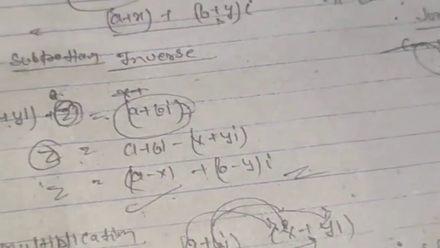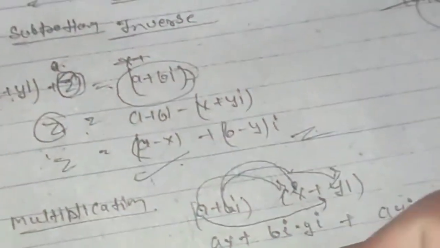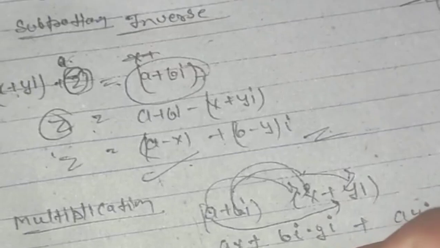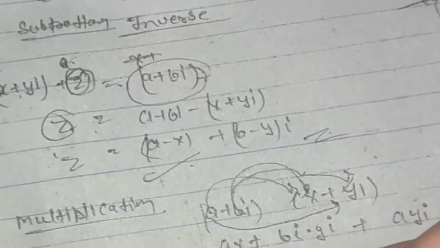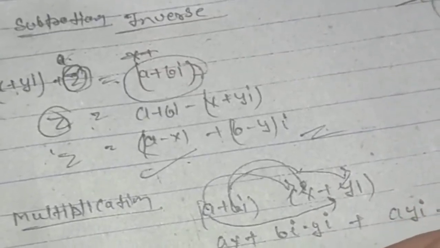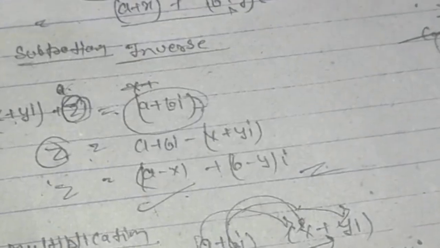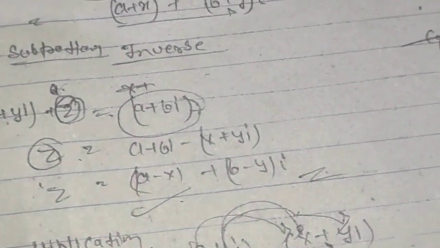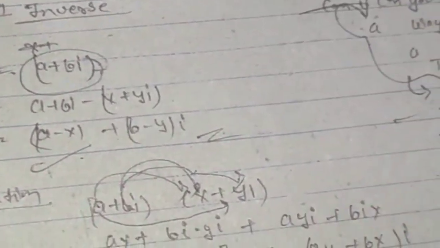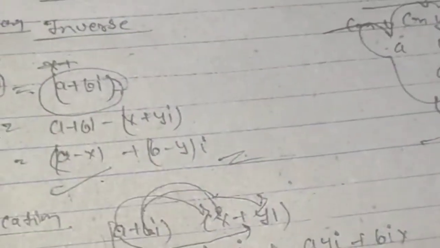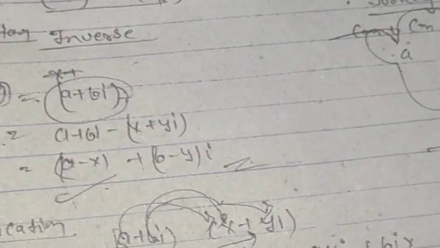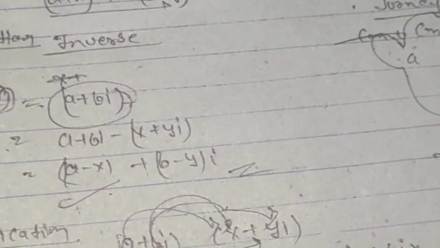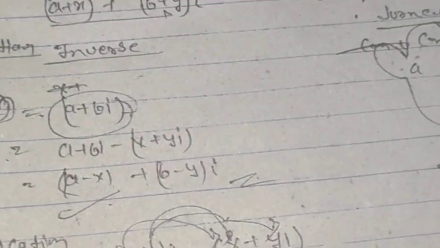So ax minus by, since iota square is minus 1, this is minus times plus, plus ay plus bx times iota.